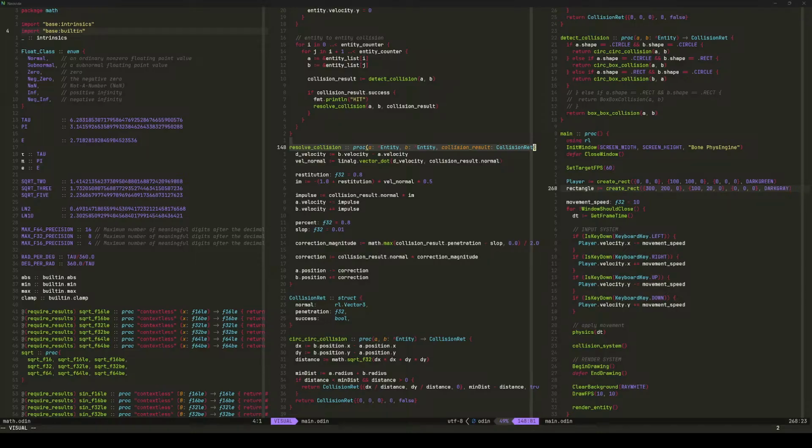Relative velocity. Then the velocity plus normal. Yeah, and then restitution.